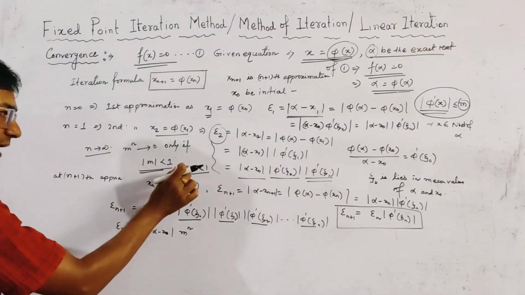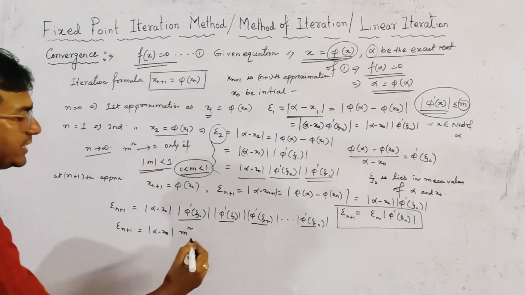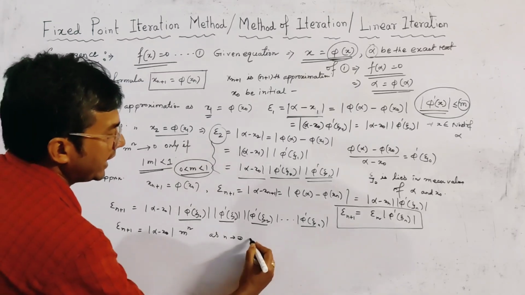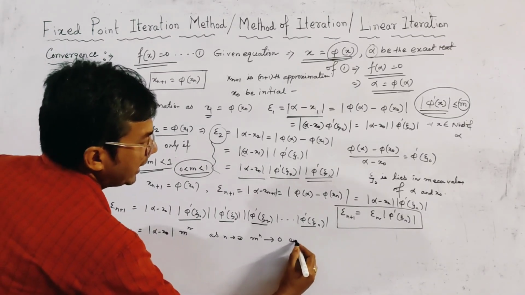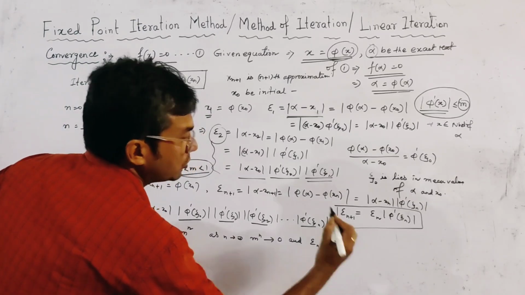If m lies between 0 and 1, then as n tends to infinity, m to the power n tends to 0, and we write epsilon_{n+1} tends to 0.